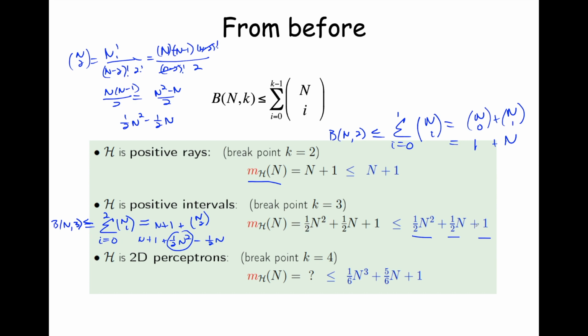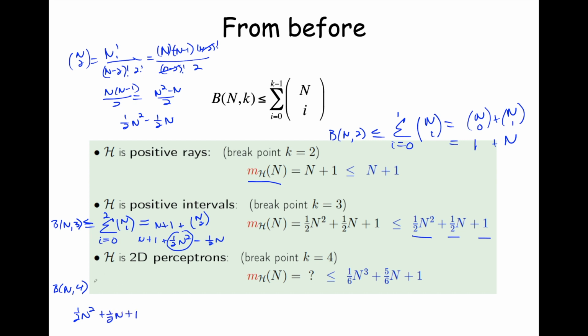So when we looked at the 2D perceptron, we found that the breakpoint k equals 4. So now we have B of n, 4 is going to be the upper bound on the number of dichotomies. Well, we already know from breakpoint of 3, that's just equal to 1/2 n squared plus 1/2 n plus 1.